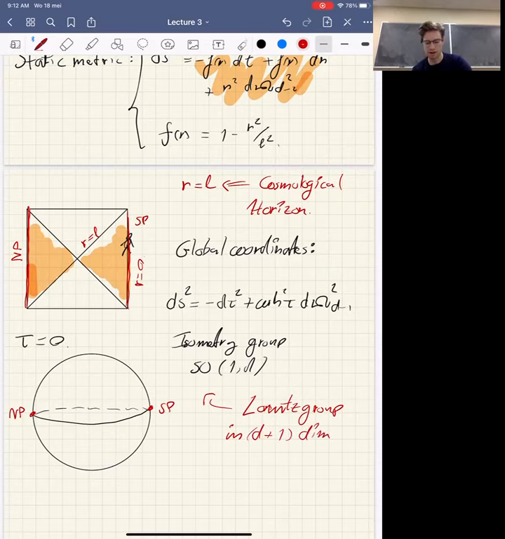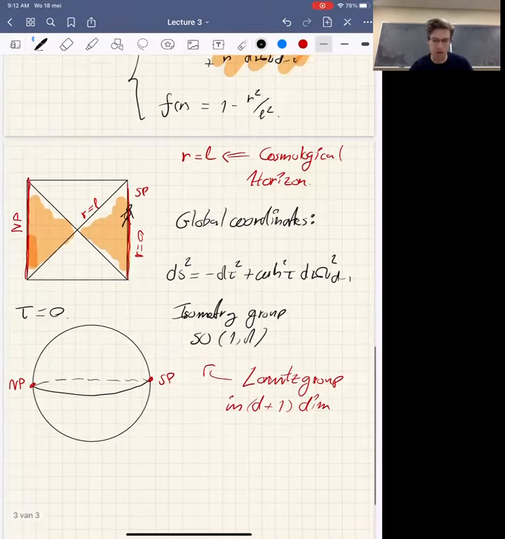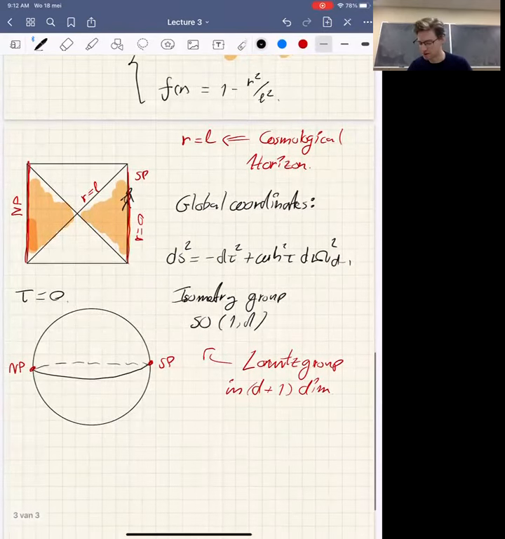The reason why that happens is that one way we can describe de Sitter space is by using so-called embedding coordinates. What that means is that we're describing de Sitter embedded in a space that is one dimension higher. In that case, the Lorentz group in that space naturally appears.